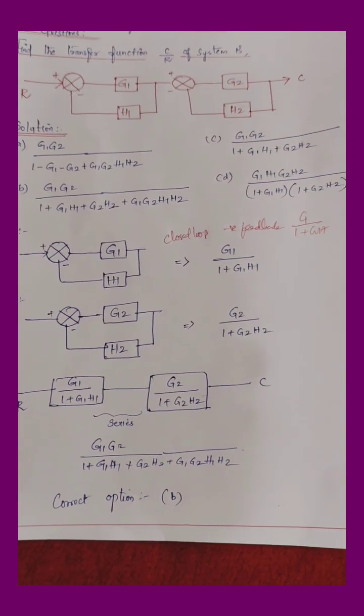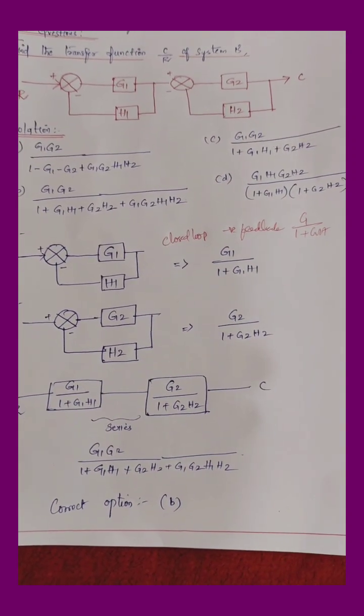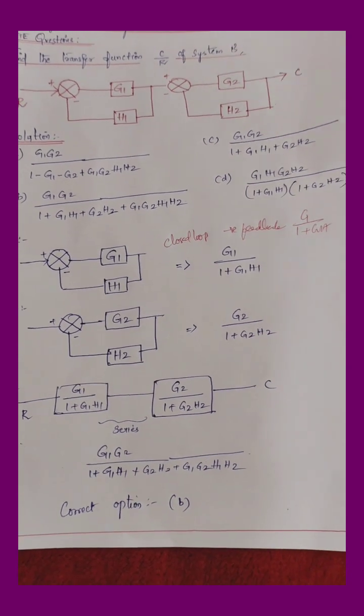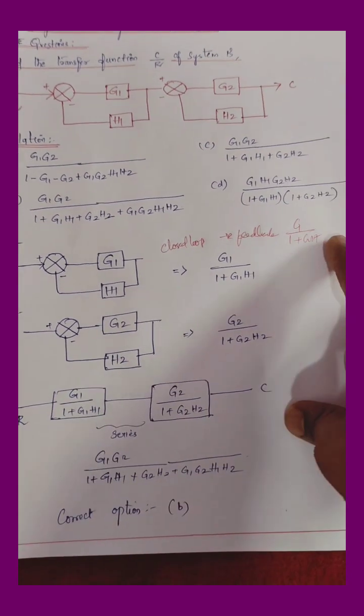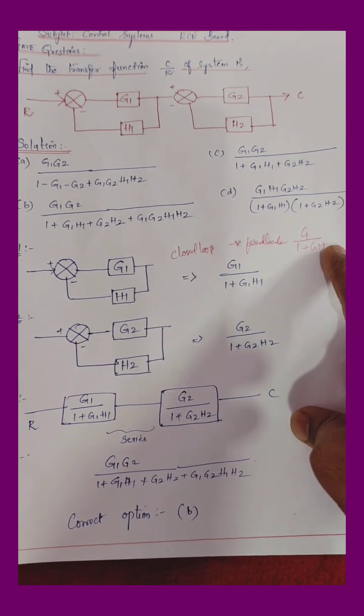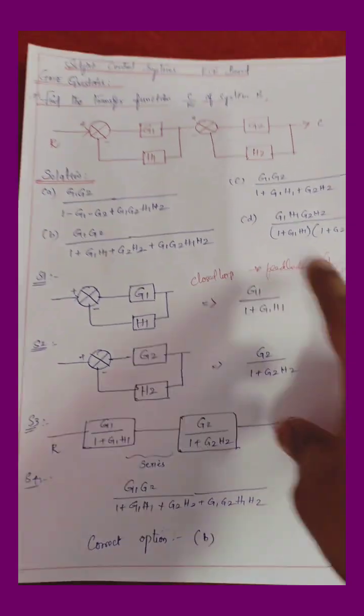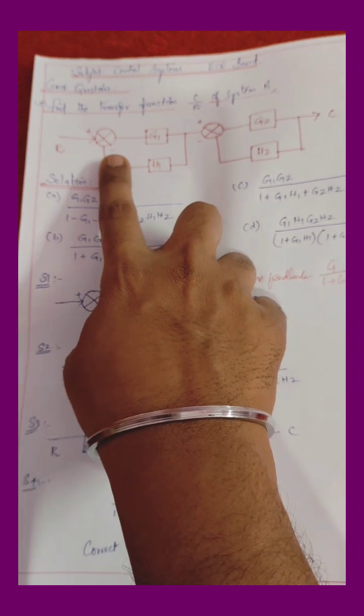So substitute this: instead of G, write G1, and instead of H, write H1. Therefore, G1 divided by 1 plus G1 into H1 for this block.